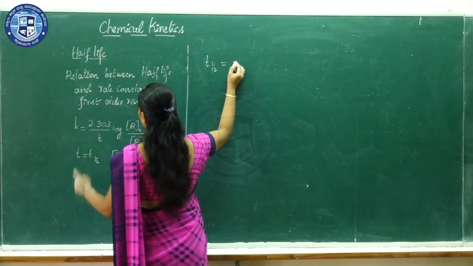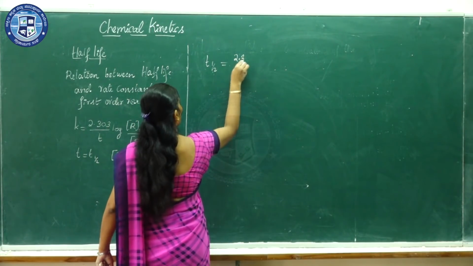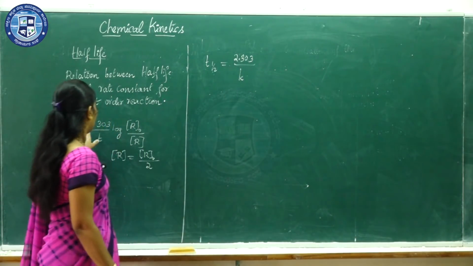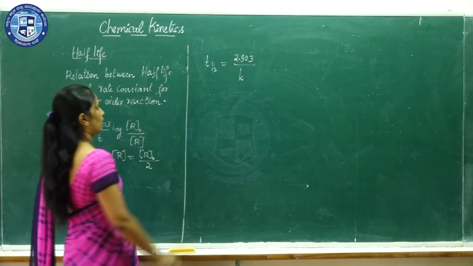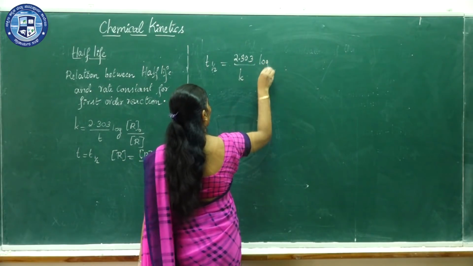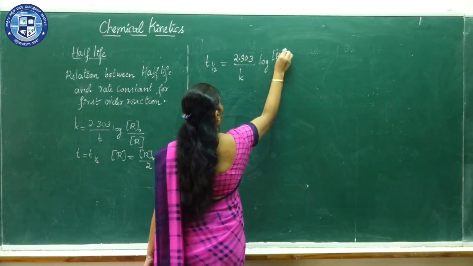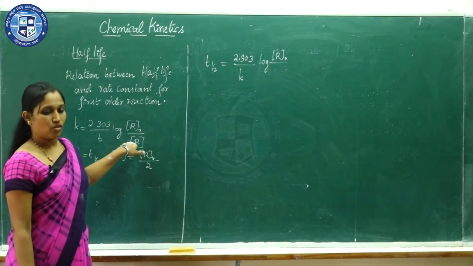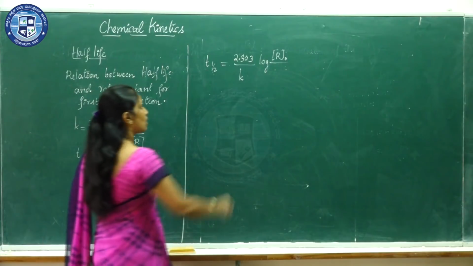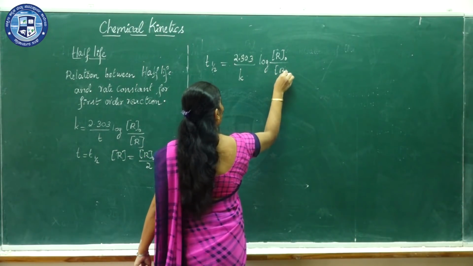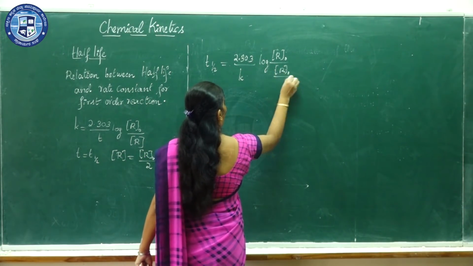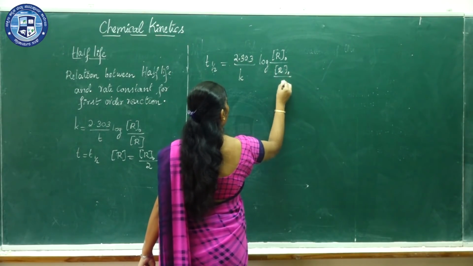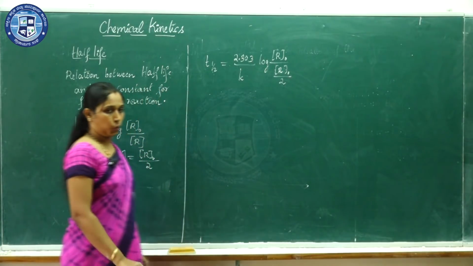T half is equal to, K will come here, 2.303 divided by K, then log of R naught divided by, in place of R, I will write R naught by 2.